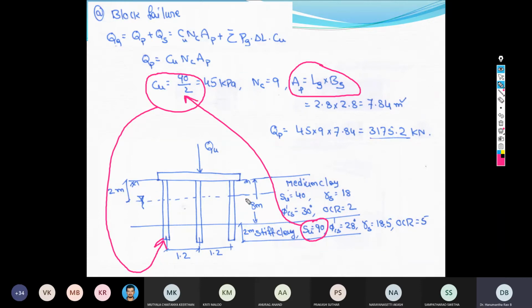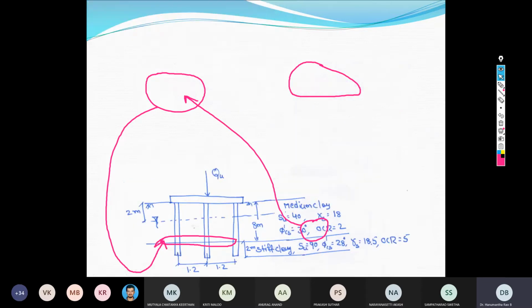Since you are dealing with clayey soil, for a deep foundation the Nc value is 9, and since you are considering the block failure, you need to take the cross sectional area of the block, that is LG by BG. So Ap is equal to LG by BG. I hope it is clear to everyone. Substitute all these values in the equation, then calculate the point bearing capacity of the pile group considering block failure.